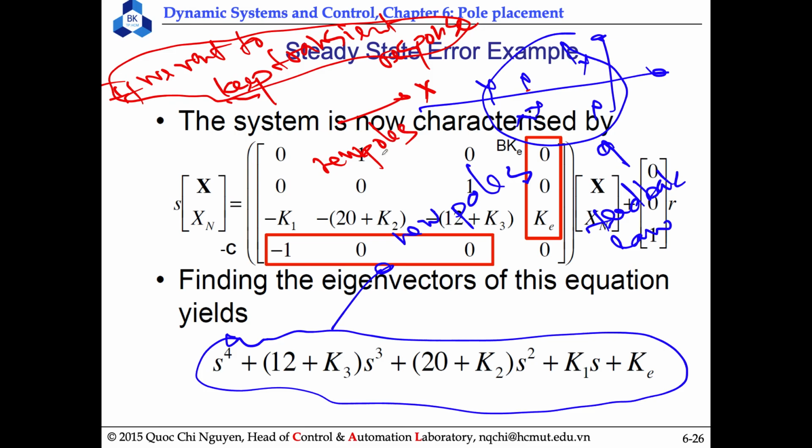By adding the integral, we can solve the steady state error, of course, but we must not let the new pole affect the transient response.